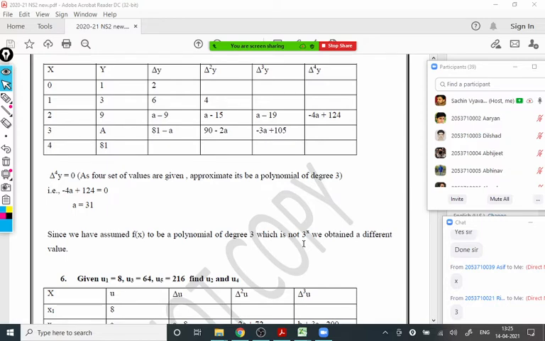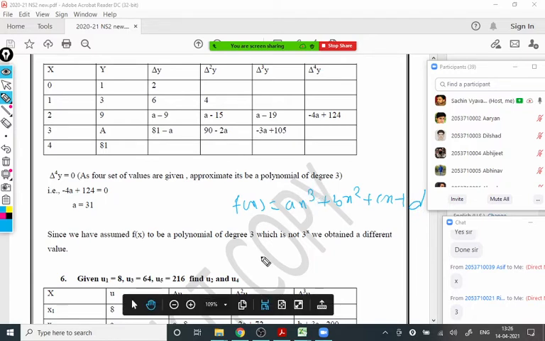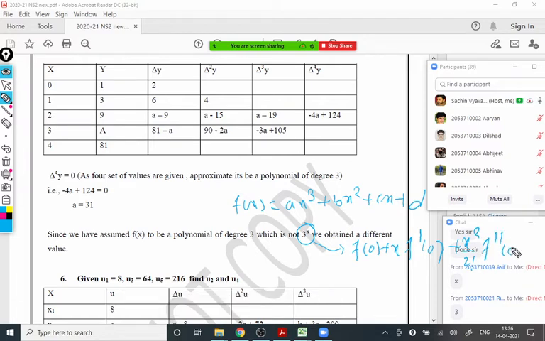Remember, the degree of a polynomial is nothing but the largest power. For example, when we say f(x) is like ax cube plus bx square plus cx plus d, this 3 is the degree. But 3 raised to x, if you write it in a Maclaurin series, it is an infinite polynomial. It is a polynomial of infinite degree, because you get f(0) plus x f'(0) plus x square by 2 factorial f''(0) and so on.